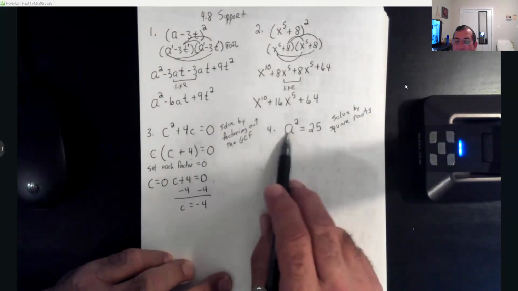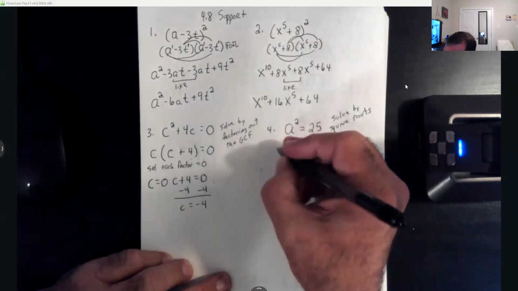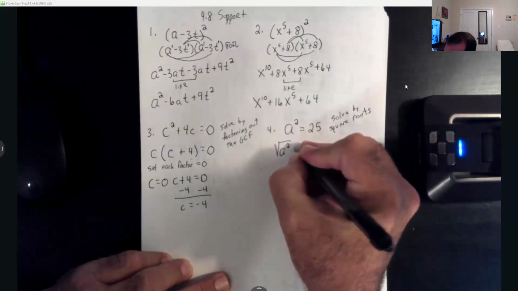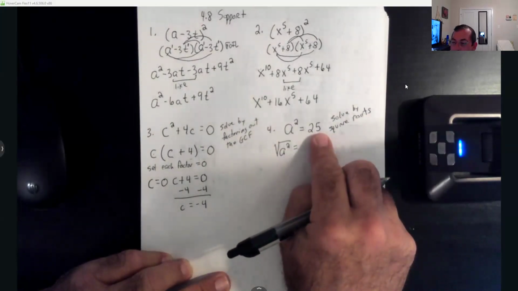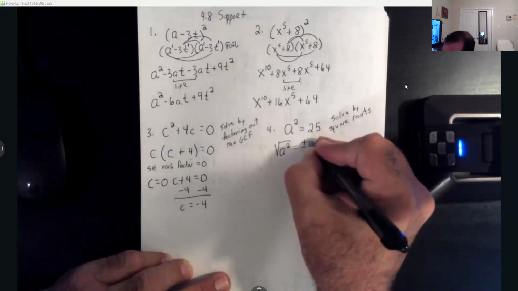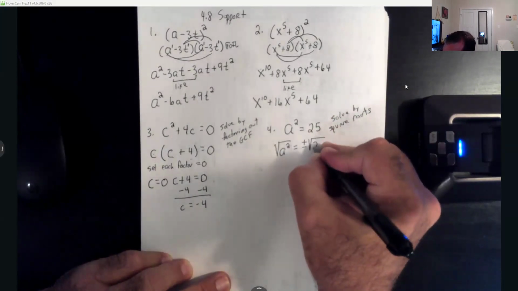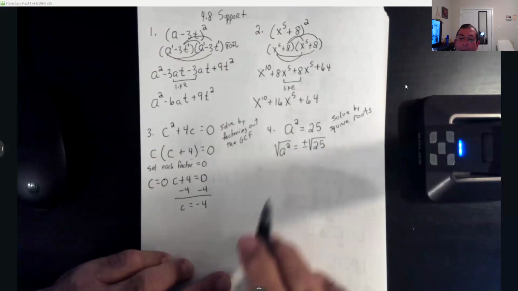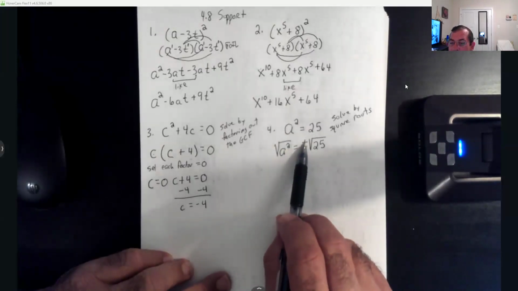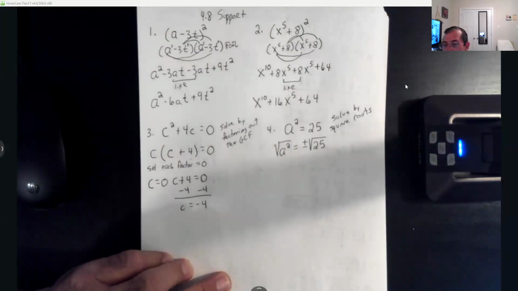So y'all, that's my first move. I'm going to take the square root of both sides. Square root of a squared. Now remember, since I'm taking the square root of a number, I'm going to use my plus or minus square root of 25. So when you're solving an equation, you've got to use the plus or minus because you've got to get two answers, okay?